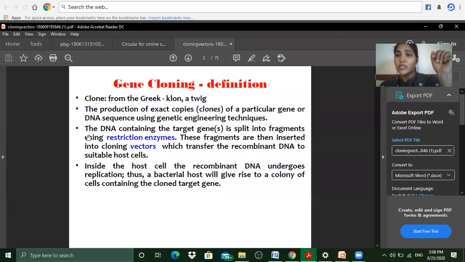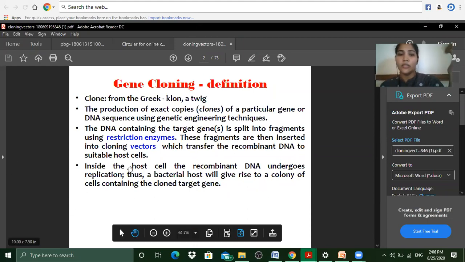So you will be inserting recombinant DNA into the bacteria and multiplying those bacteria, right? That is the main goal of blue and white screening.